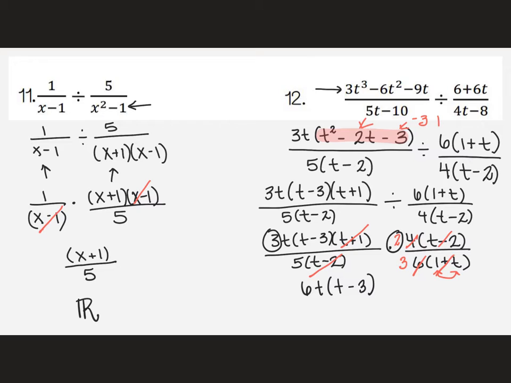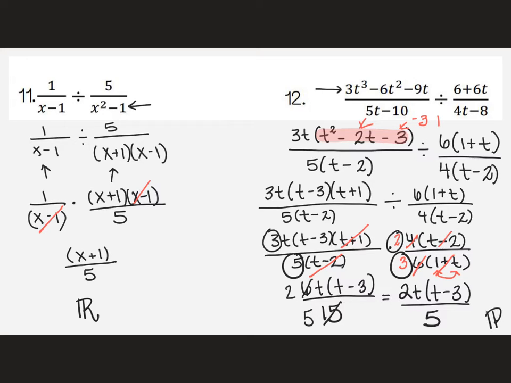In the denominator, I have 5 times 3, which is 15. 6 and 15 can both be divided by 3, so I would really have 2/5. So 2t times t minus 3 over 5. Since the denominator is 5, there's nothing that could make this 0, so no restrictions.